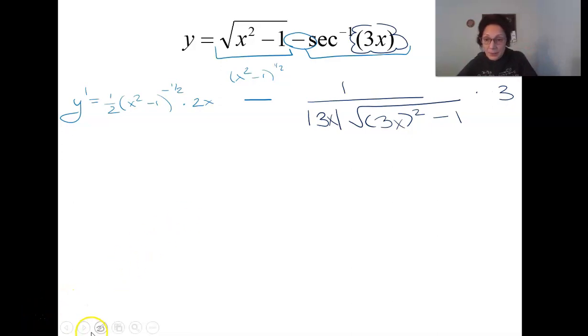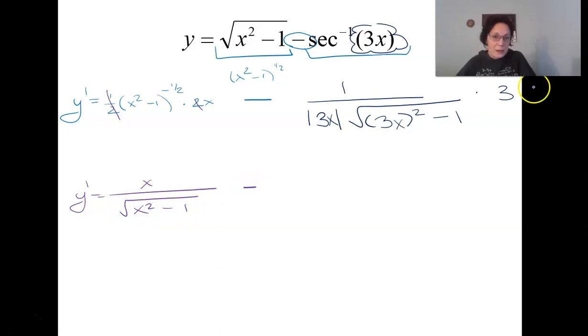Now we can clean it up a little bit, right? So over here, my 1/2 and my 2 can go away, and I can say this is x over the square root of x squared minus 1. Here I'm going to put my 3 up top, absolute value of 3x, and then square root of 9x squared minus 1.